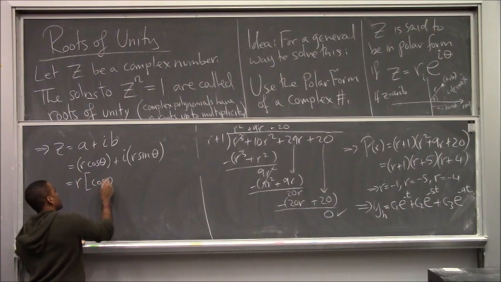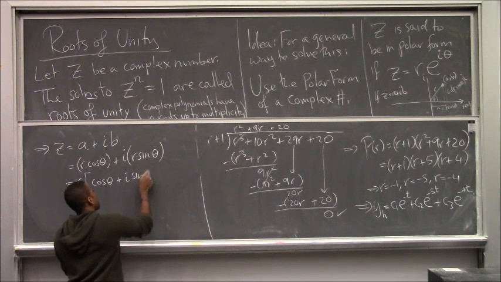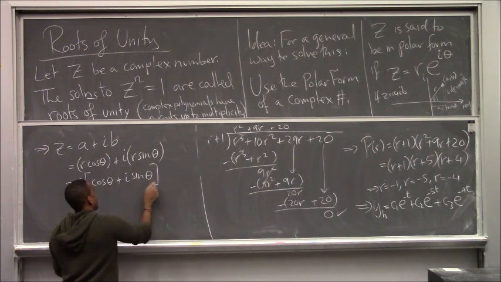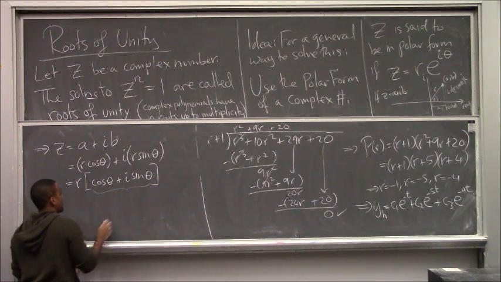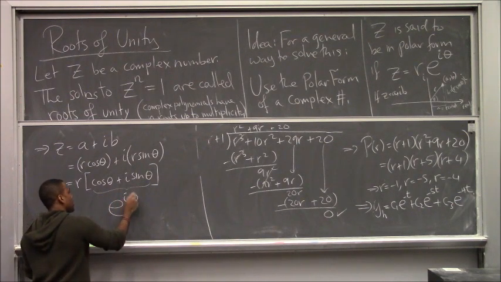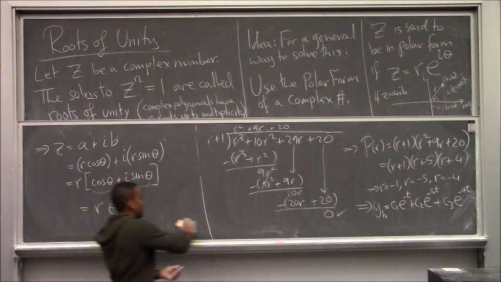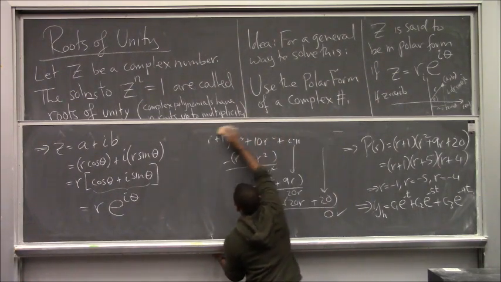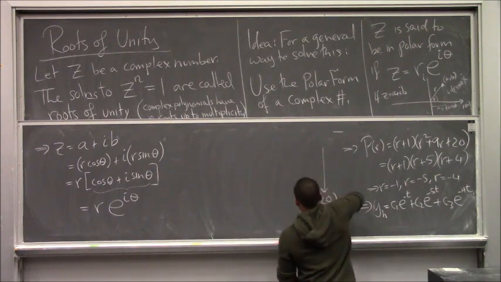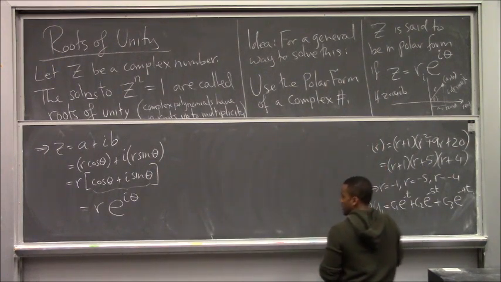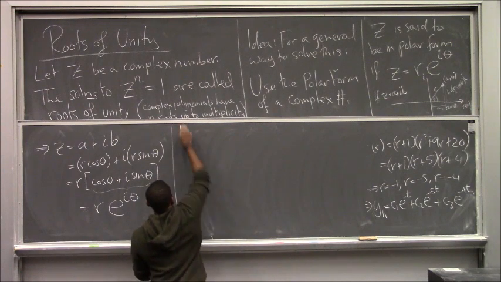We'll factor that out. And what is that guy? That's e to the i theta, according to Euler's identity. So I can write any complex number in that form, which makes it very convenient. In particular, there are a few that are very conveniently written that you should know.